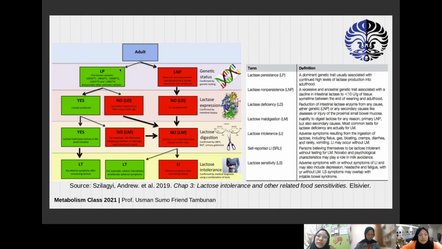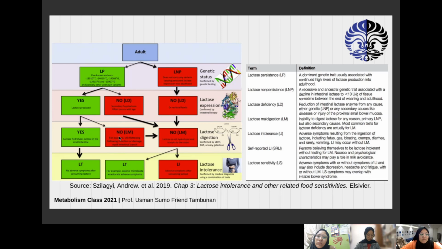If that person is lactase persistent, or LP, which means a dominant genetic trait usually associated with continued high levels of lactase production into adulthood, they have two different conditions. The first one: they could be no longer producing lactase, or have lactase deficiency, which will lead to the conclusion that they are lactose intolerant.